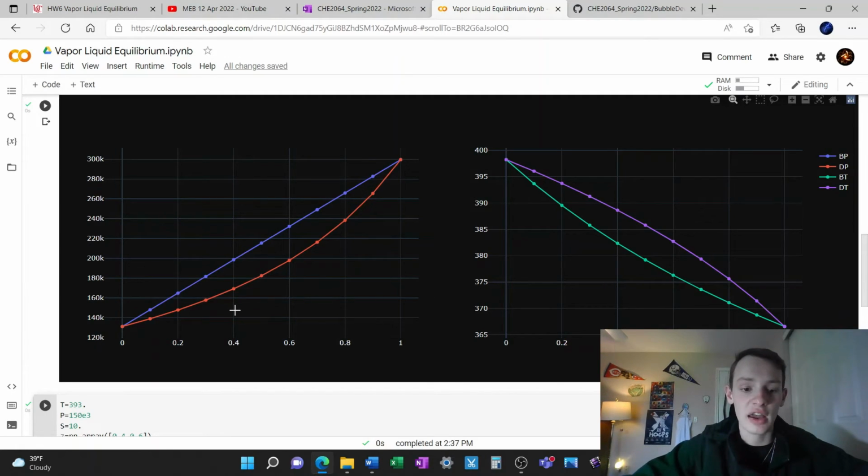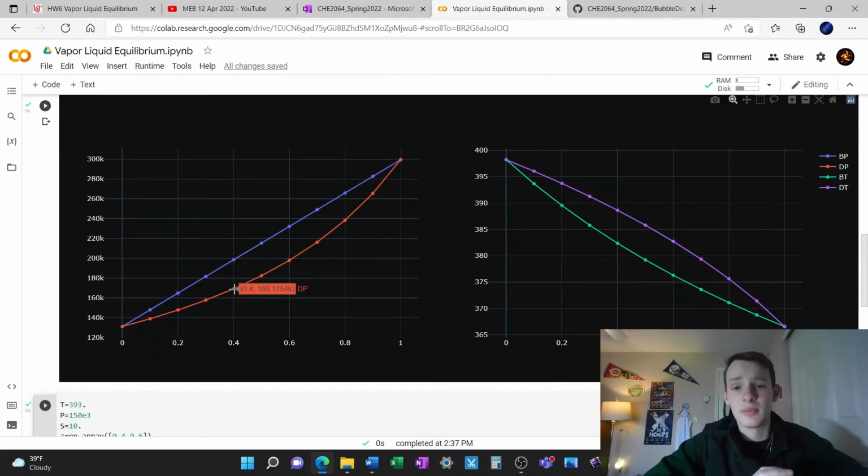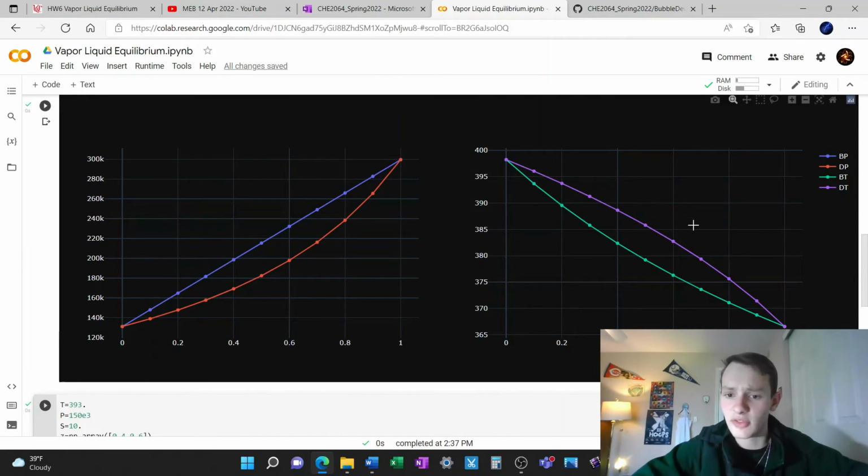If I want to find what the dew pressure would be for a 0.4 mole fraction of benzene for this binary mixture, I would have to steadily increase the pressure isothermally until I get to, it looks like about 169,000 pascals, which would be the point at which that first liquid drop forms. Now let's look at this second plot where we have the bubble temperature right here and the dew temperature right here.